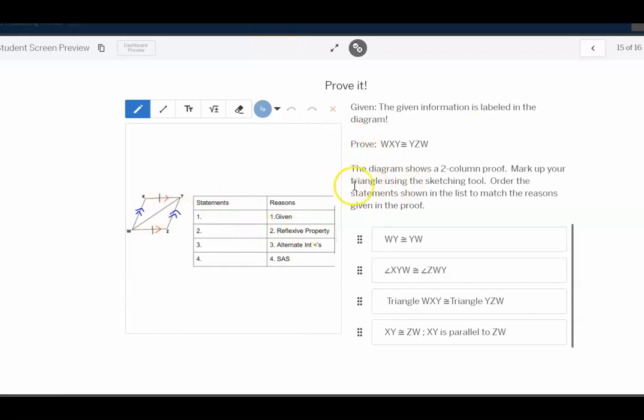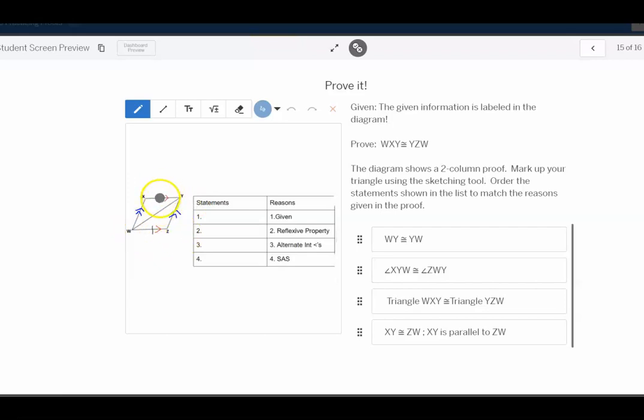Well, it's not written up here what they gave us, but it's drawn on here what they gave us, right? So what is given? They gave us that WX is parallel to ZY, and then the red indicates that these two are parallel, XY and WZ.